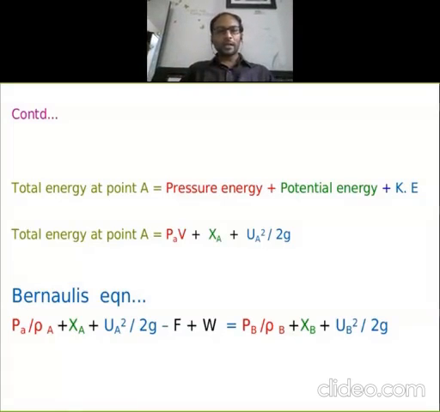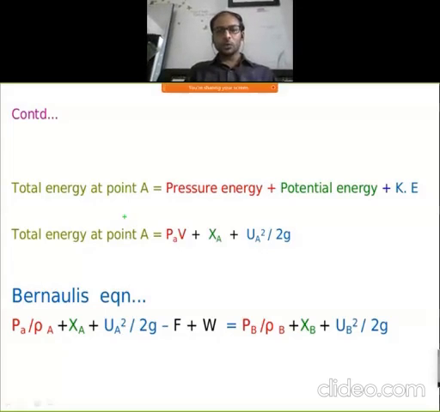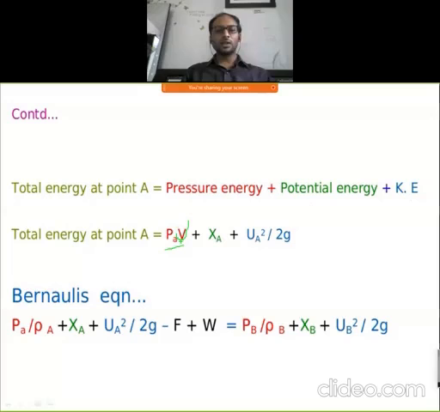So here we can consider point A and point B. The total energy is the pressure energy, then the potential energy and the kinetic energy. The pressure energy is the pressure at that point, then z, the height, then the kinetic energy, v squared divided by 2g.